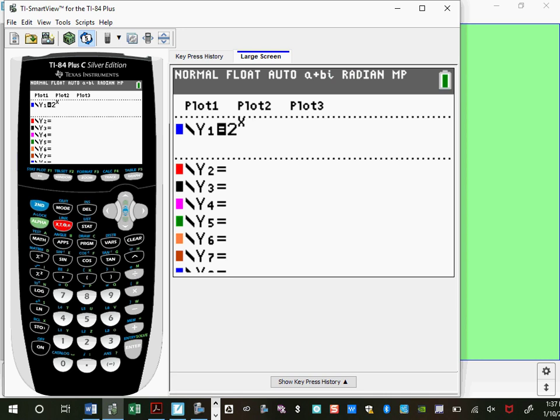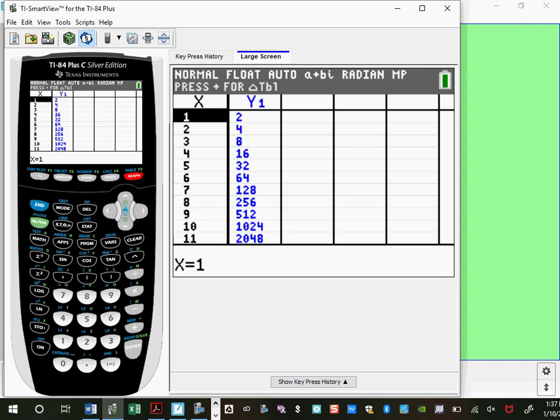Because I'm just trying to get some points, we can hit second graph to get my table here. You started at -1, right? So we will put in 0.5, 1, 2, 4, and 8. Does that make sense? How to get our numbers for our table? I just chose those points because it's easy to graph. I'm not going to graph 4, 16. That's going to be way off my grid.